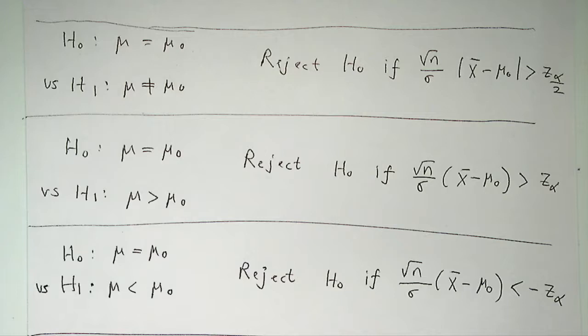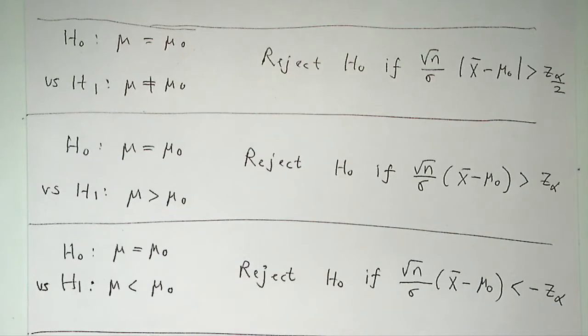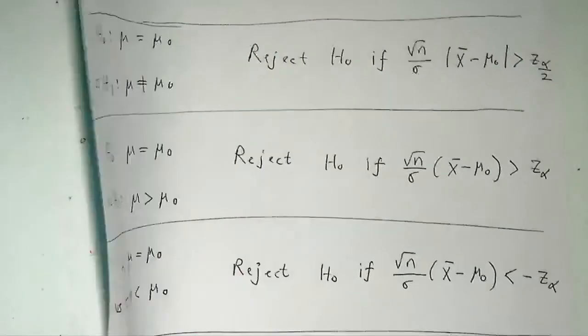All right, so this is the case where the variance sigma squared is assumed to be known, but often in practice the variances are not known, right? So in those cases, you have to use some different tests, right?